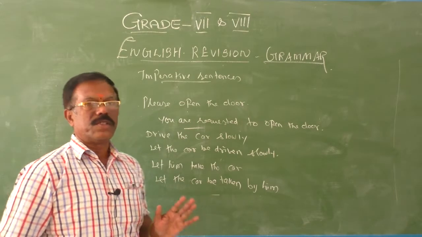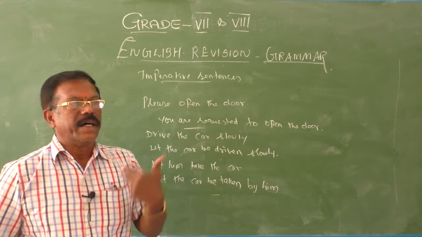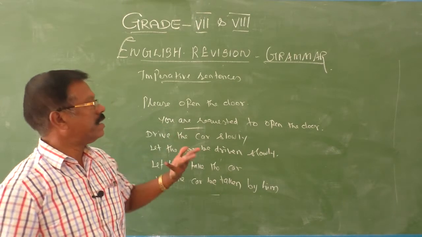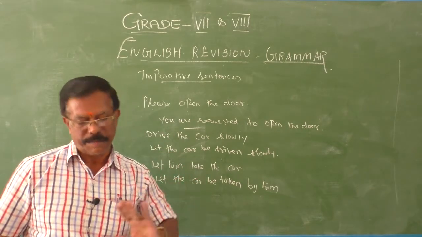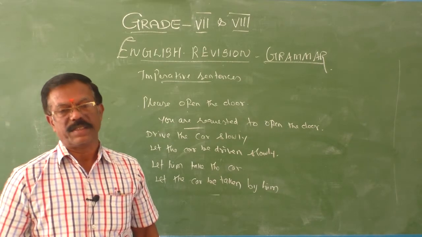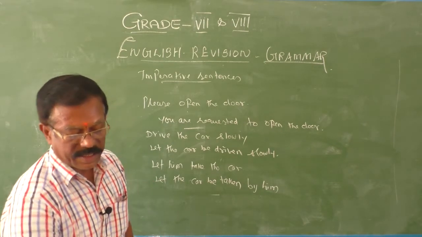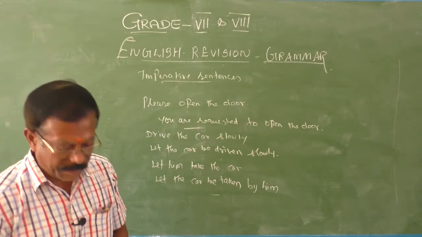Okay, children. So you have just revised the basic principles of changing a given sentence from active to passive. Then what's the third one? Direct and indirect. How to change a sentence in the direct form into a sentence in the indirect form. Let me explain.